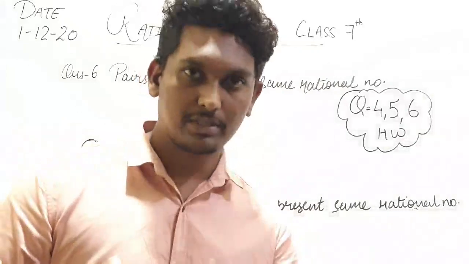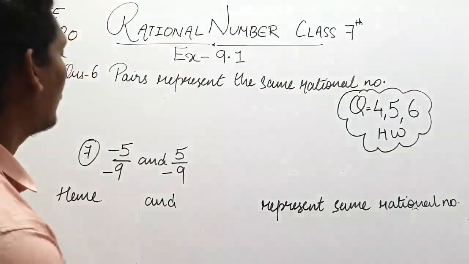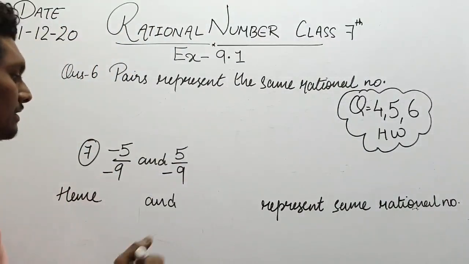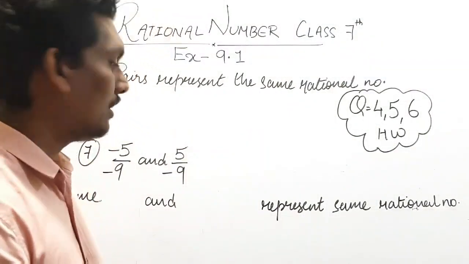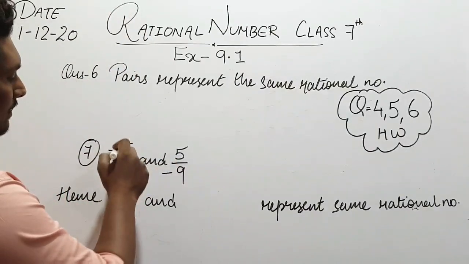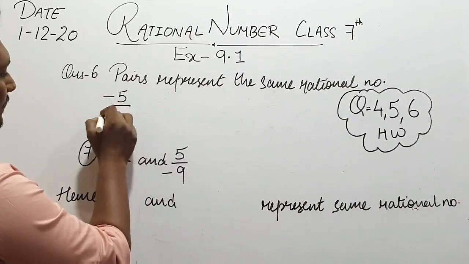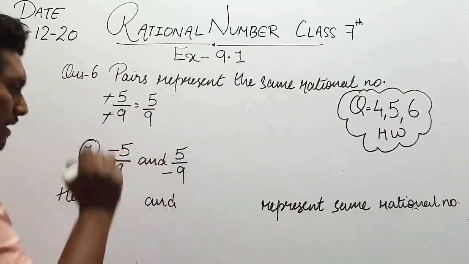Okay, now come to the next question. The question is minus 5 by minus 9 and 5 by minus 9. Here the problem is, again we are having a negative sign in the denominator. So first we are going to change this sign, right? About the first one, the sign gets cancelled, so it will become 5 by 9.